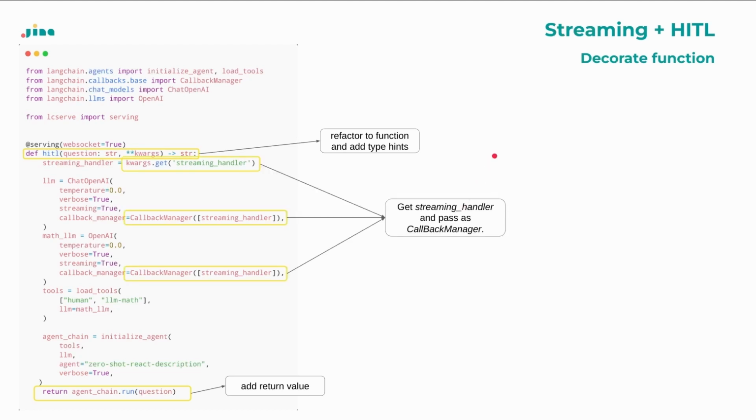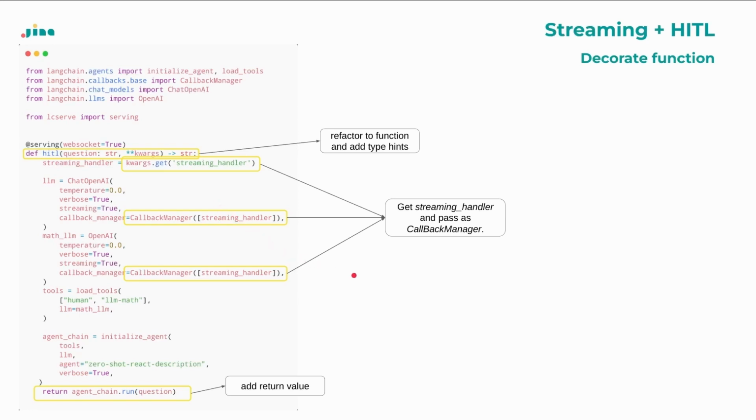The difference here is to define a streaming handler. That streaming handler is responsible for sending the WebSocket responses back to the user. So you get the streaming handler, and add it as a callback manager to whatever LLM function you've defined. Just passing this would be enough to send all the LLM output via this callback manager back to the user.